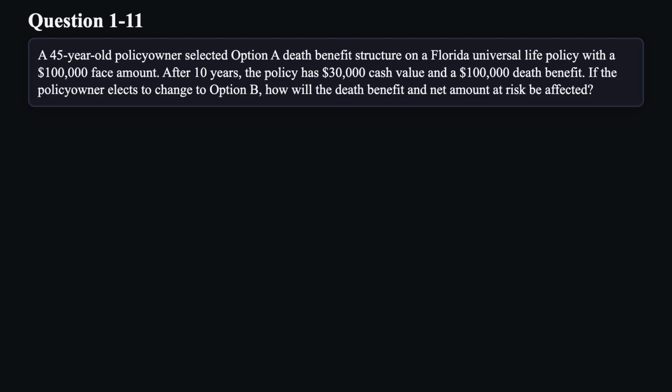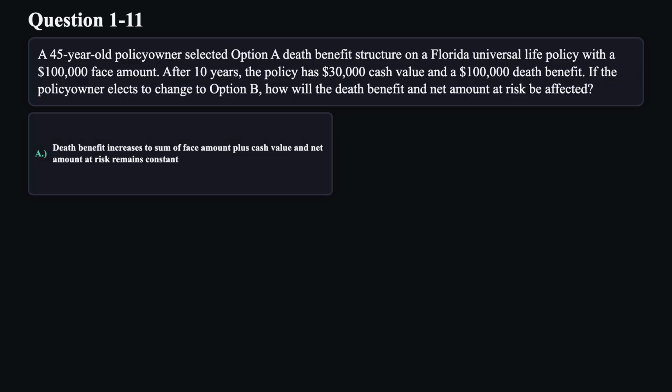Question 11. A 45-year-old policy owner selected Option A death benefit structure on a Florida universal life policy with a $100,000 face amount. After 10 years, the policy has $30,000 cash value and a $100,000 death benefit. If the policy owner elects to change to option B, how will the death benefit and net amount at risk be affected?